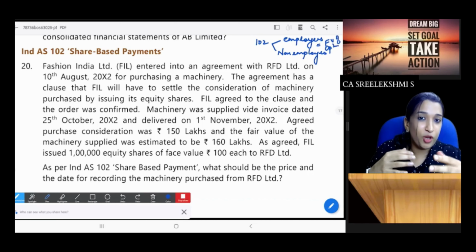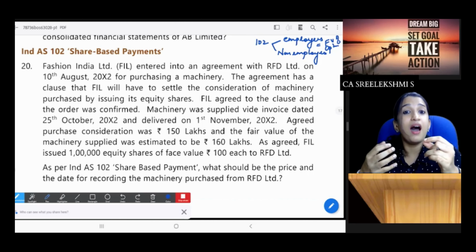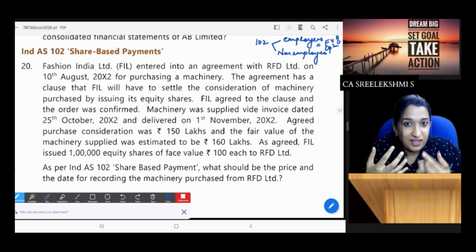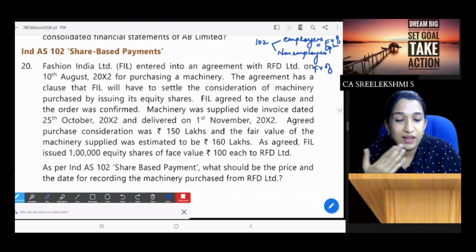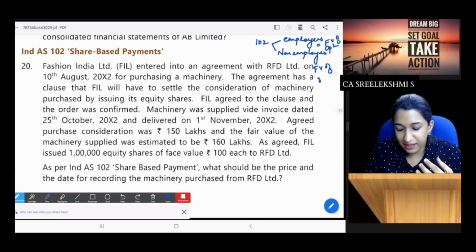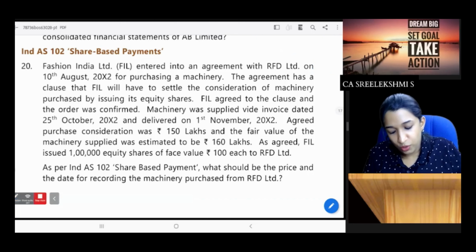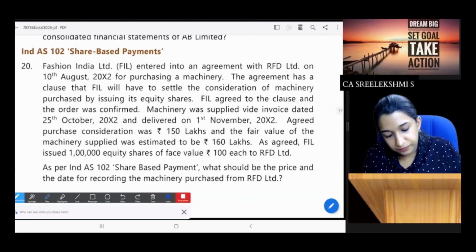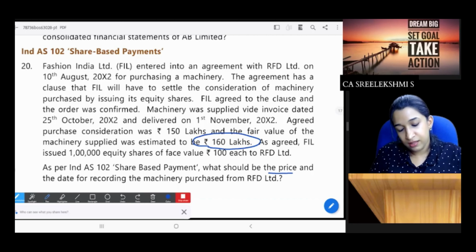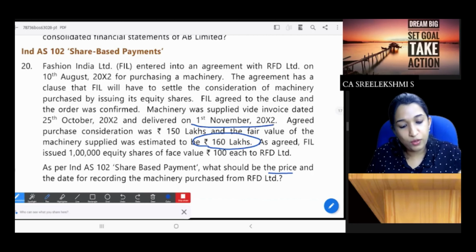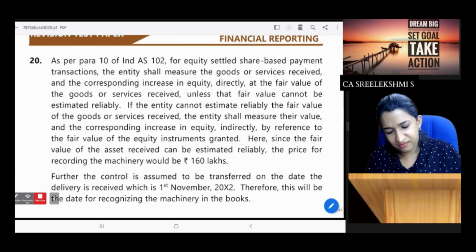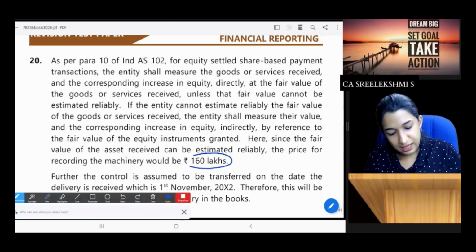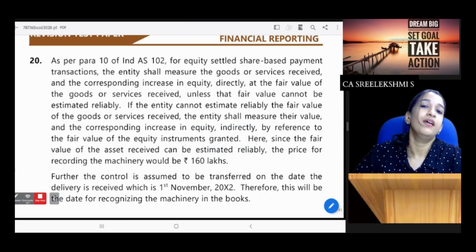But for non-employees, if goods and services are received and we are issuing shares, it is the fair value of goods and services received and the date when it is received. So what would be the price? 160 lakhs. And delivered on 1st November. Accounting is on 1st November. Is it? Yes. 160 lakhs and on 1st November.